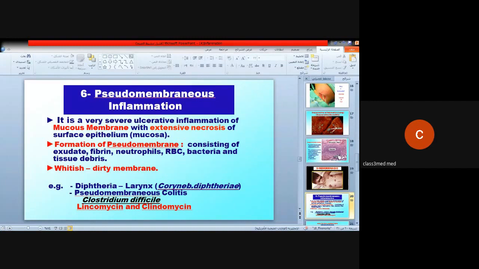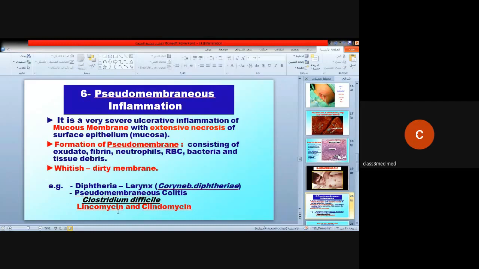Another example is pseudomembranous colitis by Clostridium difficile, as a complication of intake of the antibiotics lincomycin and clindamycin.